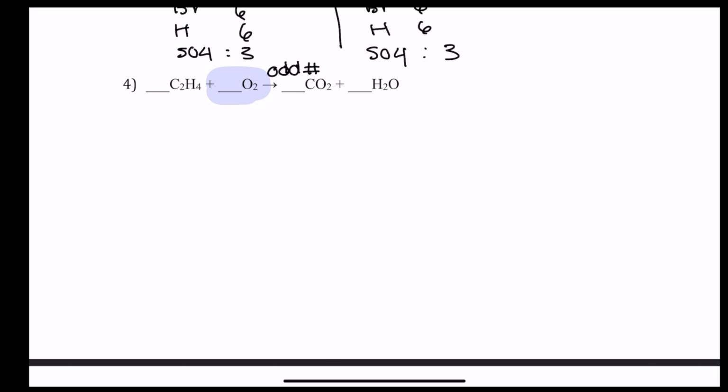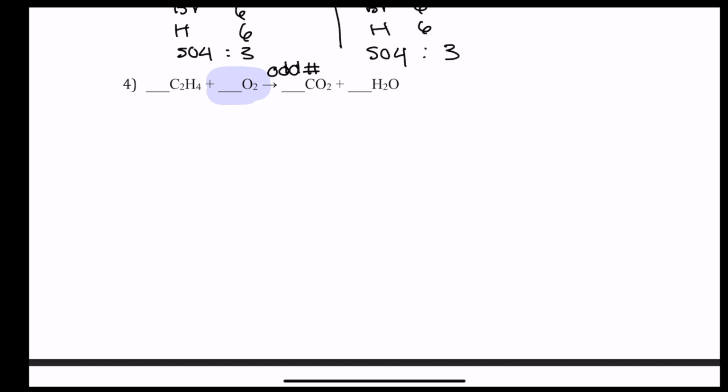So knowing that, my tip for you in balancing this, let's see, try balancing the carbon first. So like my tip in question number 3, I balance the oxygen and hydrogen last.